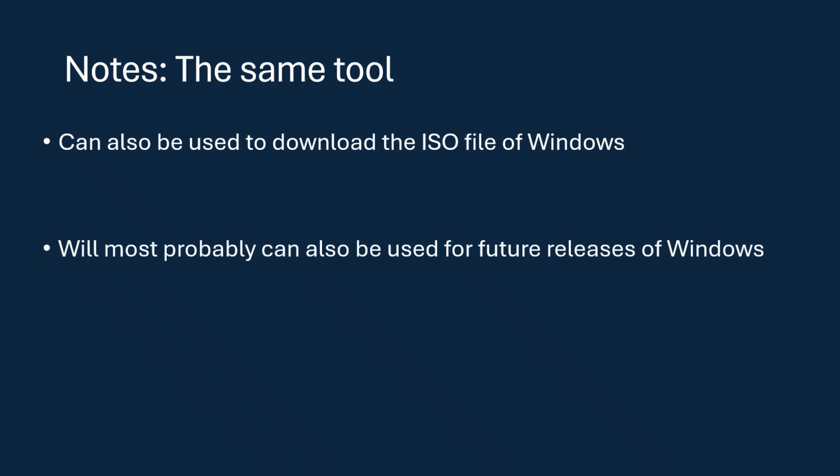The second note is that this tool will most probably be used for future releases of Windows, because this tool has been used by Microsoft for a long time now. I believe starting from Windows 7, 8, 10, and now 11, and in the future they may continue to use the same tool.